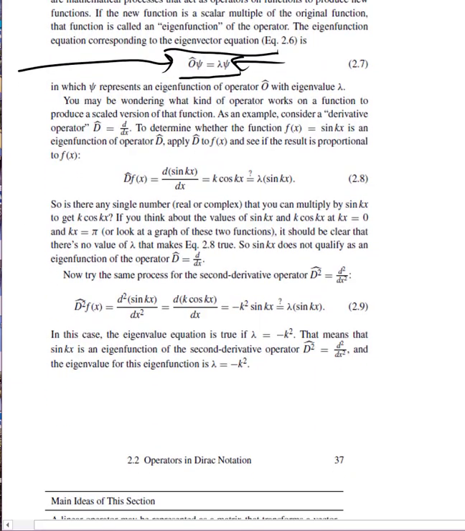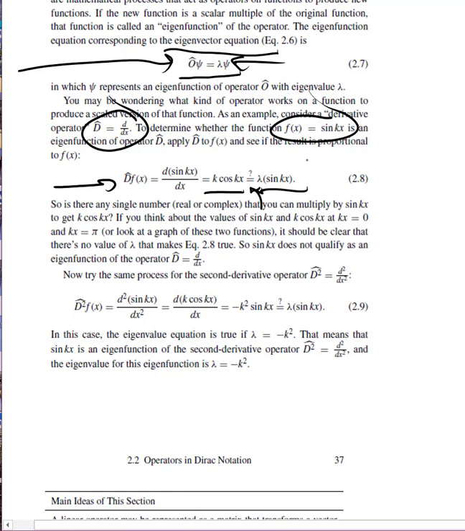Well, let's try some. Let's take the derivative operator, the derivative with respect to x, and we'll feed it a function, sine kx. Let's see what happens. When we apply that operator to that function, we get the derivative of sine kx, which is k cosine kx. Does that equal some constant lambda times sine kx?